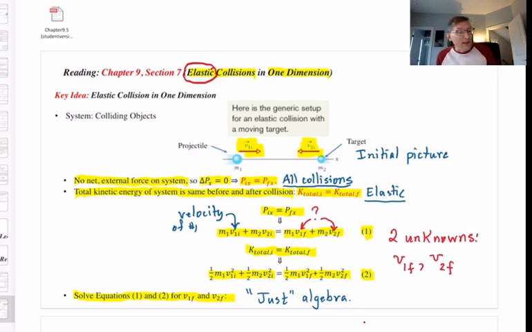If you're skeptical and don't necessarily believe what I'm about to tell you, then by all means read chapter 9, section 7 to see the mathematical details. But I'm just going to tell you what you get when you do that just algebra, and solve equations 1 and 2, those two equations together as a system of equations for V1 final and V2 final. Okay, here we go.